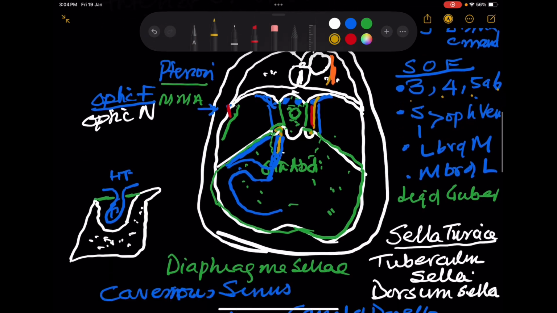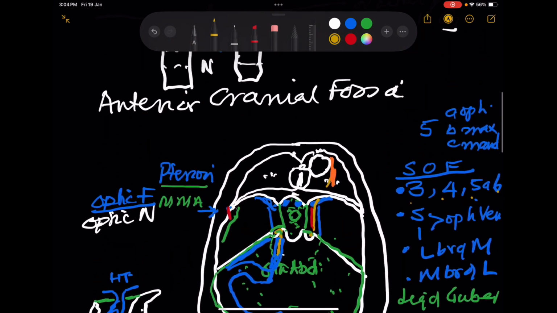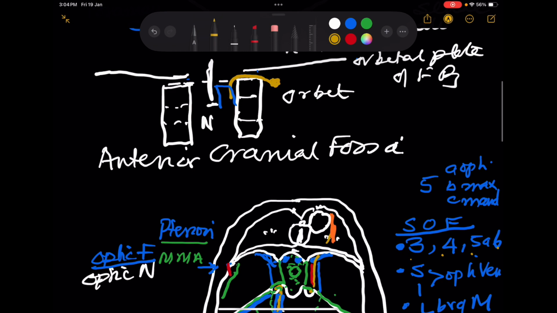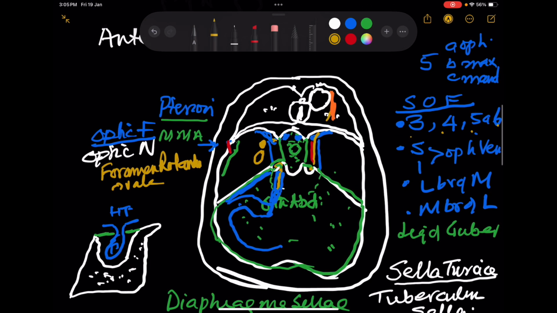Now, the fifth A division passes through the superior orbital fissure. Fifth B division passes through another foramen which is called foramen rotundum. Then you have a foramen which is called foramen ovale. Now what passes through ovale?